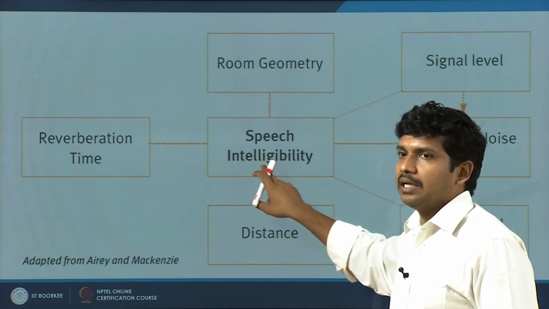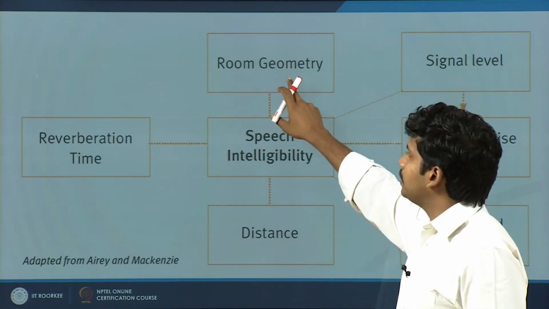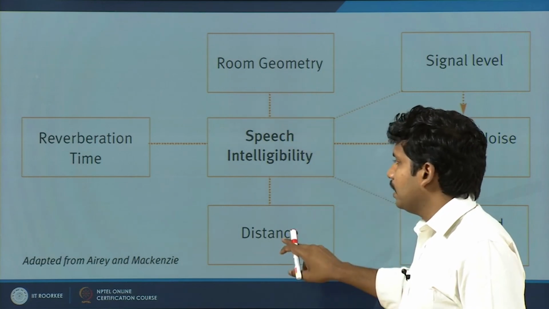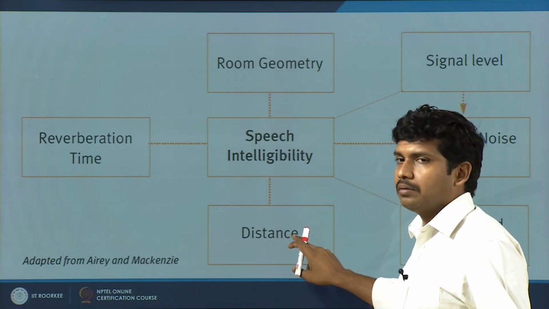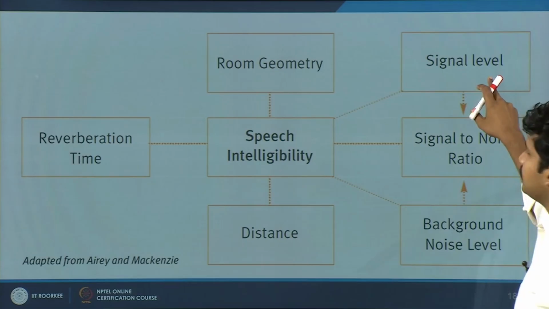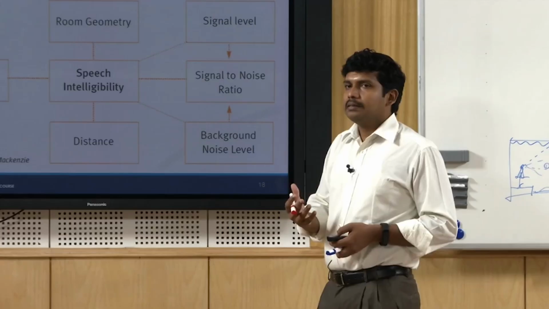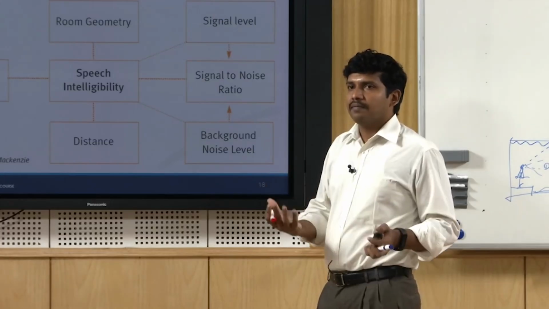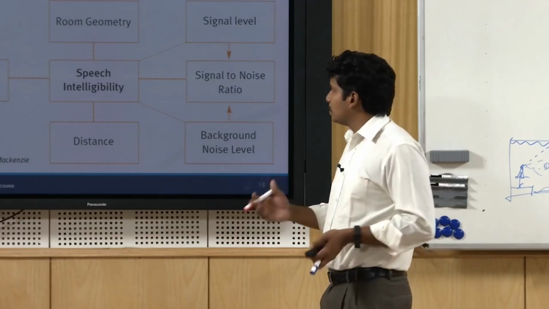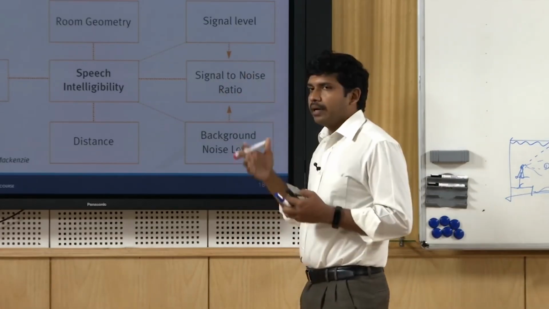The speech becomes intelligible or less intelligible depending on the room geometry as we talked about. It depends on the source to listener distance. It depends on the signal level, how loud I am talking or how quiet I am talking. Then you have something called signal to noise ratio. Signal is what I am emitting if I am talking, noise is something which is reflected, re-reflected, and the background noise level together, you call signal by noise.